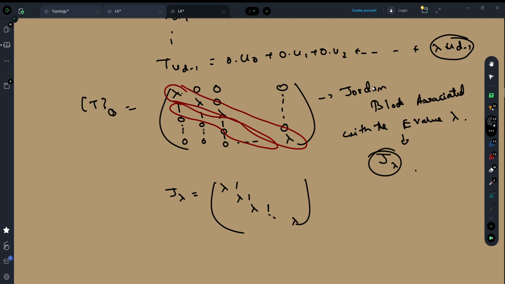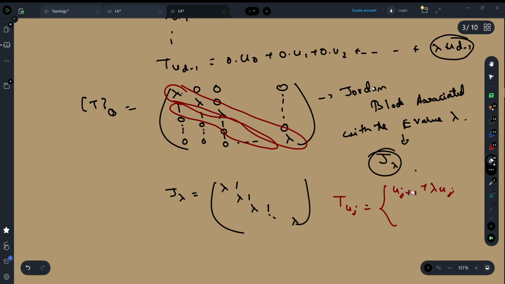And how does this happen? There is nothing much typical there. We just reverse the basis. What we typically do is, you can write T u_j like this: u_{j+1} plus lambda u_j.